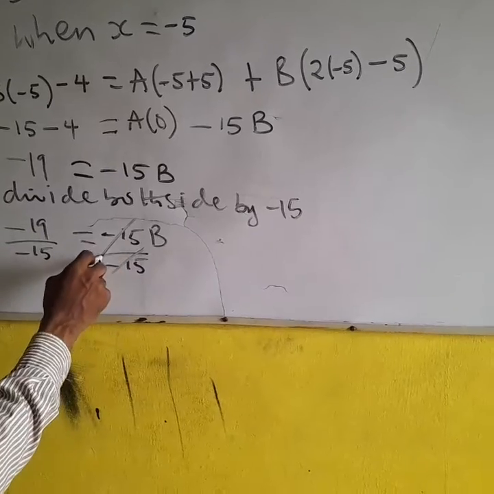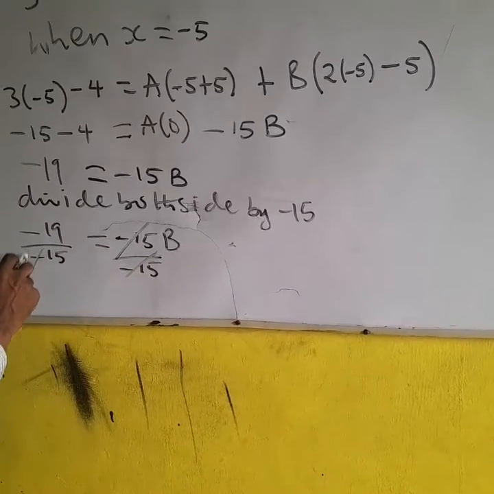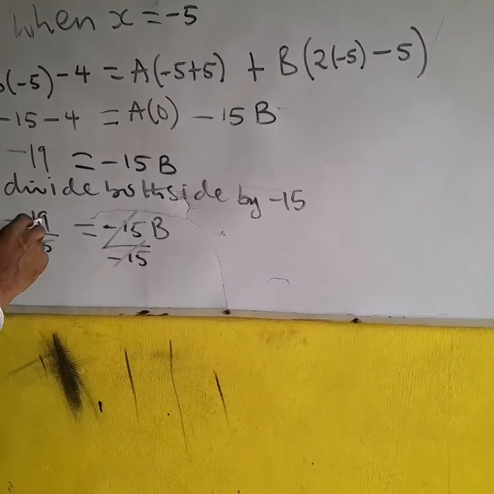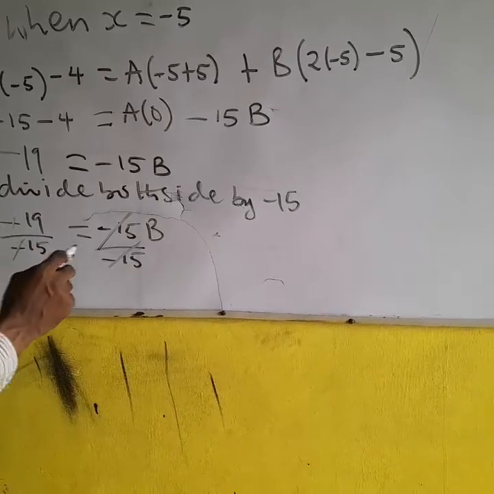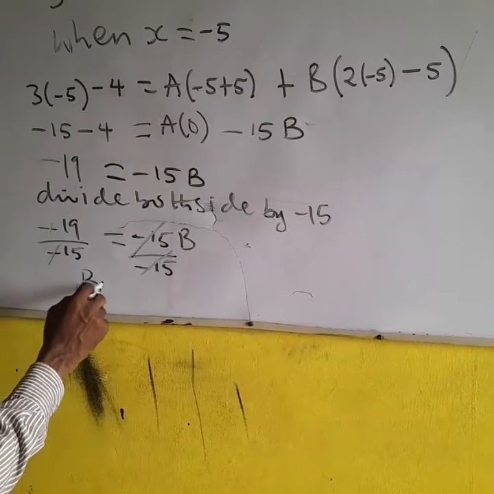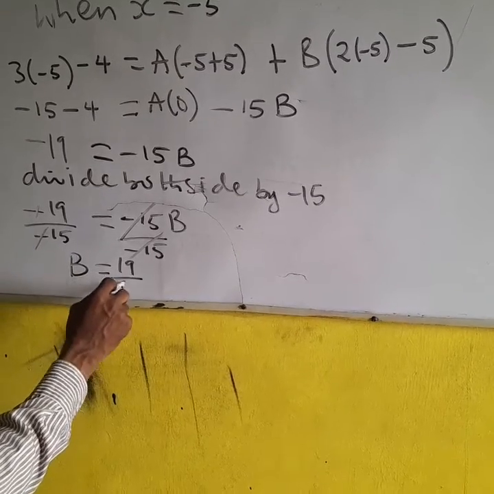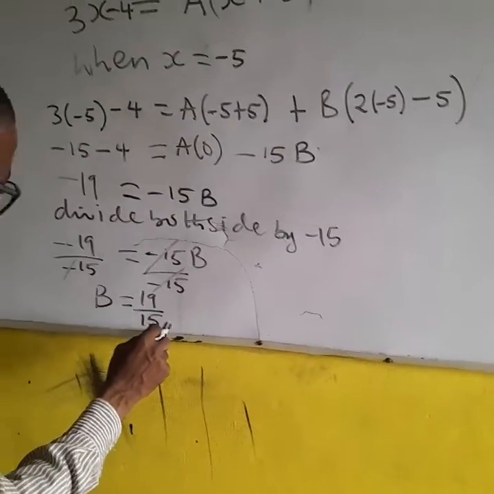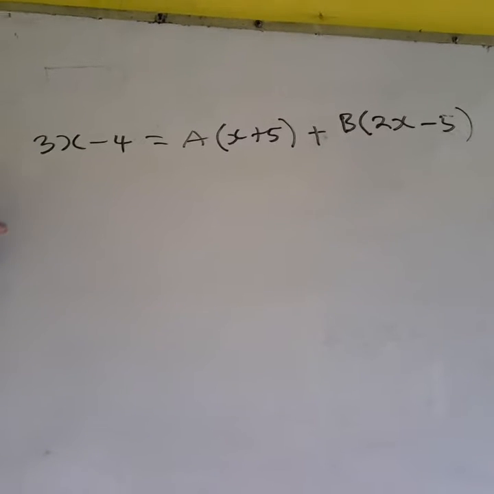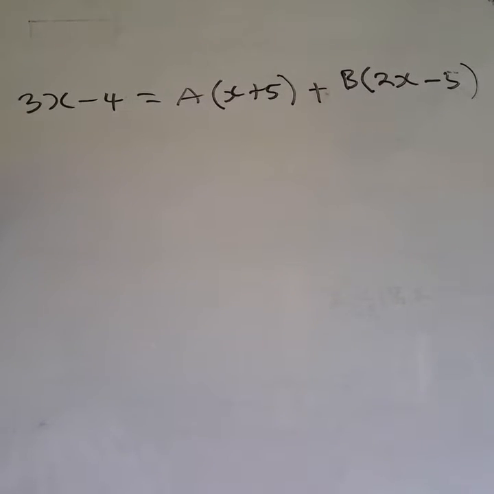This will cancel this, we are left with B. Minus will cancel minus. 15 cannot divide 19. So we'll have B equal to 19 over 15. So we've already found the value of B.